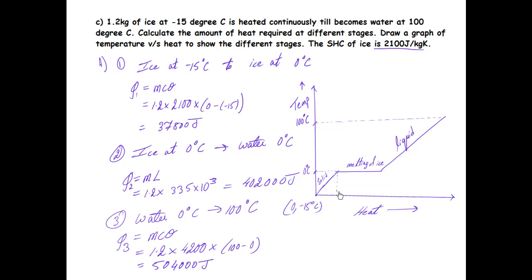Now we need to mark the amounts of heat absorbed. The amount of heat absorbed in the first part is 37,800 joules. In the second part, the heat absorbed was 402,000. So this heat is 402,000 joules. So as a consequence, the total heat out here will be 402,000 plus 37,800.